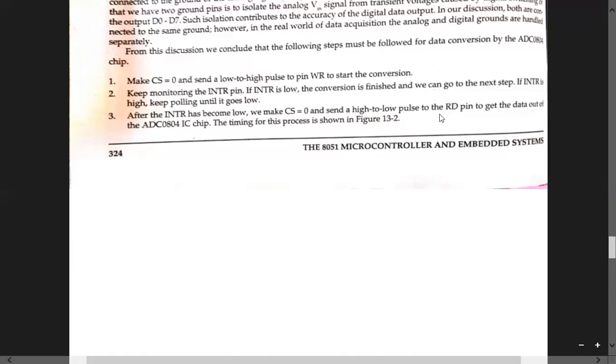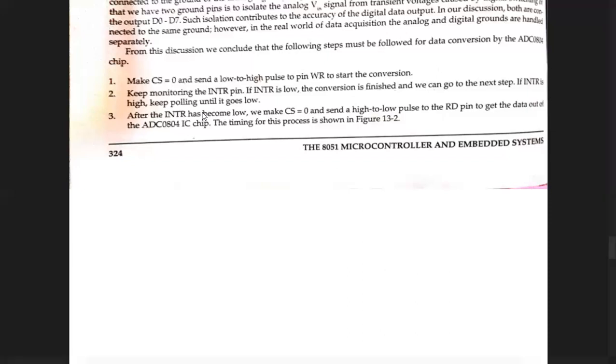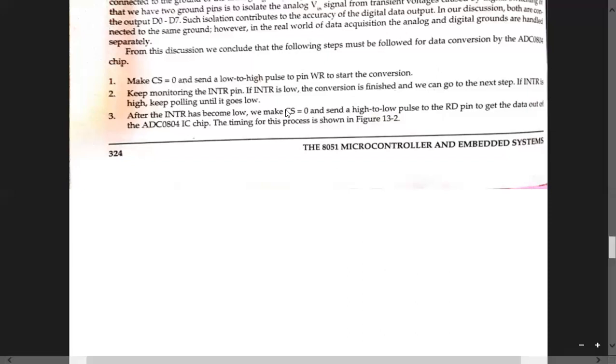What is the RD pin? Read pin. So when the RD pin is kept 0, we can get the data out of the ADC chip.